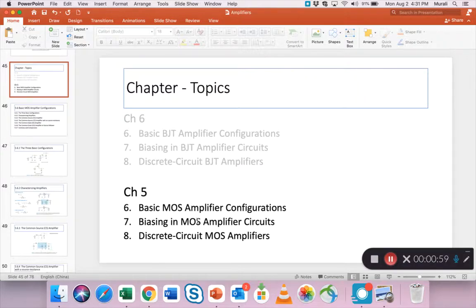Then we look at biasing a little more, and then finally in discrete circuit applications, that means not ICs, not integrated circuits, but if you created amplifiers using just the MOSFET devices separately, discrete devices, then these are the principles you'd follow for design.